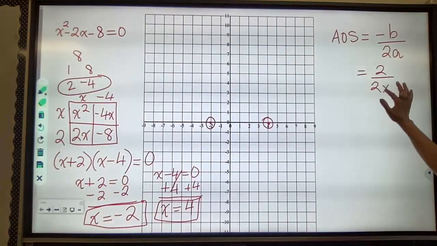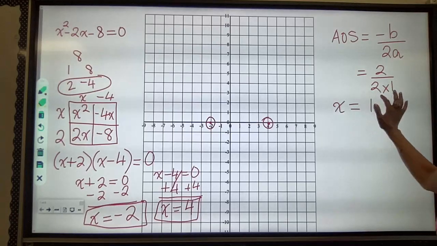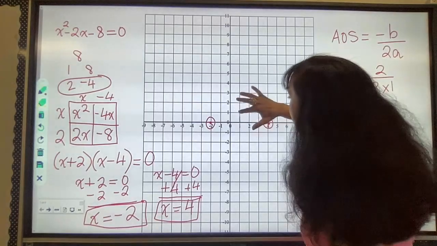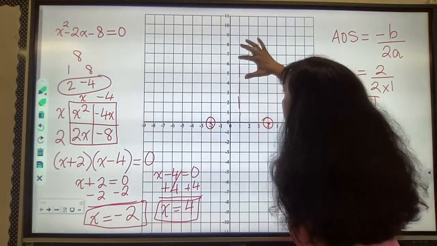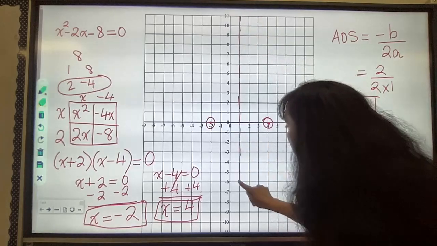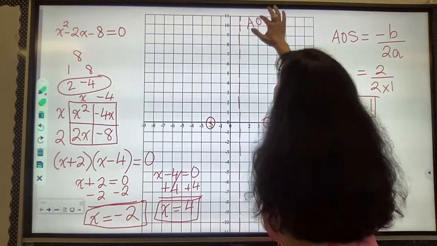So what is 2 divided by 2? My axis of symmetry is going to be 1. So I am going to go ahead and make my dotted line, because I know the vertex is going to fall on this line. Okay, so this is my axis of symmetry.